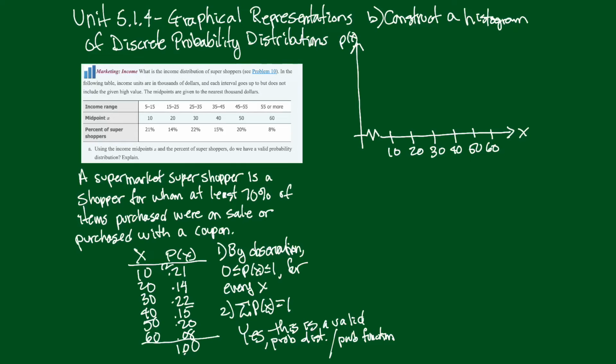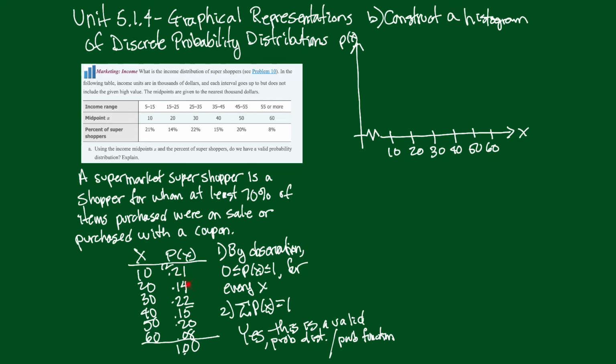And now let's put our rectangles in. You know what a rectangle does here, right? It goes back half a unit, which is going to be a 5, and up, and then forward half a unit, so 15. These bars are going to come right next to each other. Let's look at our highest value for P of x's.